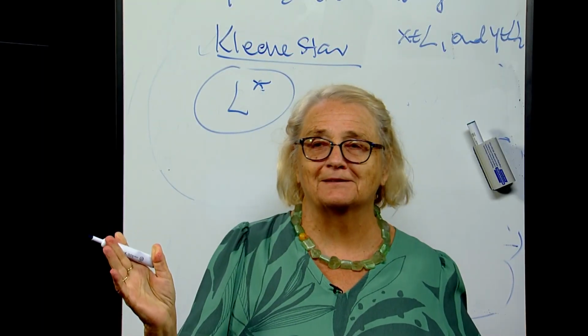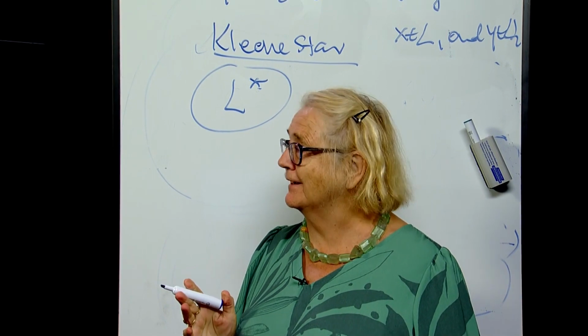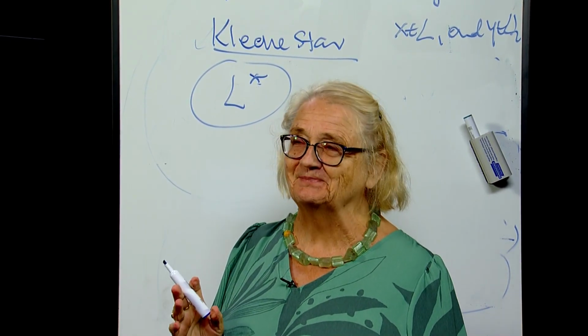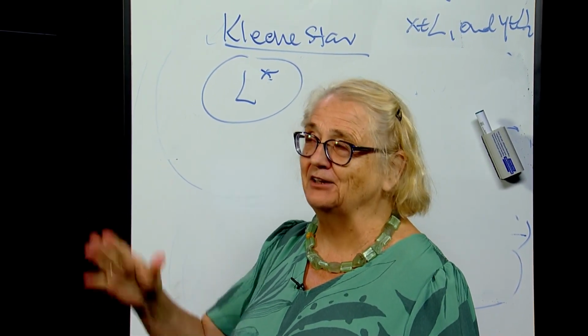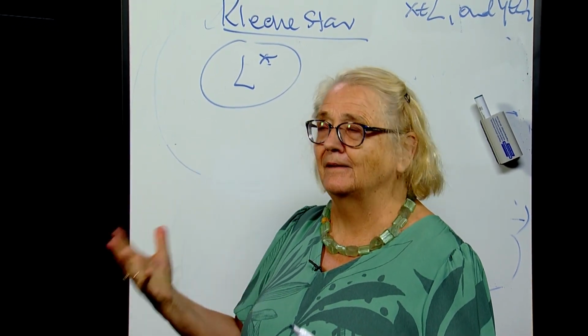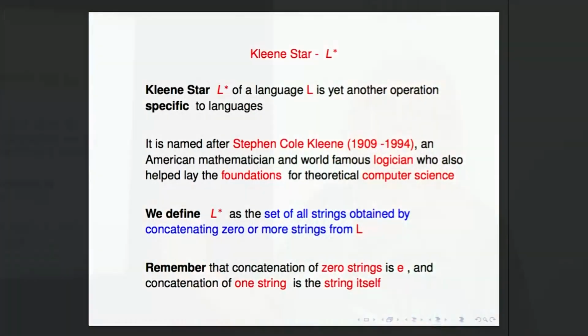Kleene was a mathematician, an American logician from the University of Wisconsin Madison, who has already passed away, but he got the name. A small operation, but very, very important in the theory of computation. So that's why he got the name.